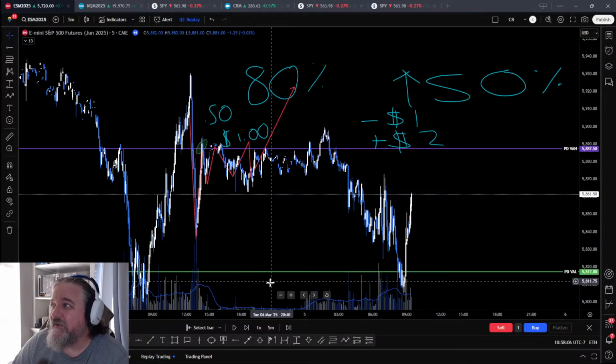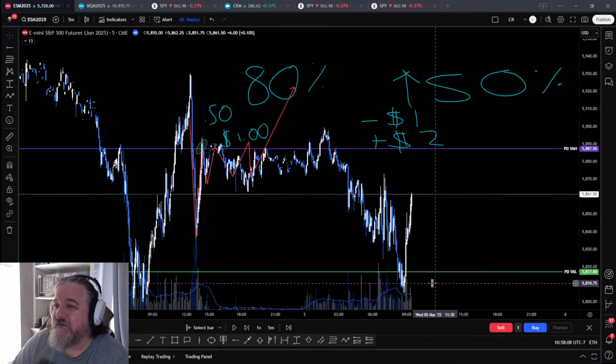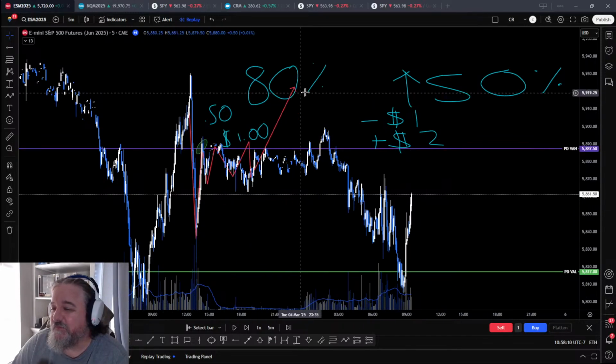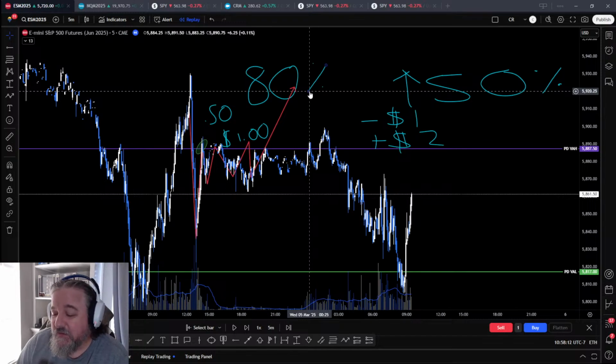Price target, $5,817. Stop loss, and so on. Took the trade. We spent 45 minutes above the value area high, broke back inside, spent X amount of minutes below. On the retest, I entered short. And then price went and stopped me out.